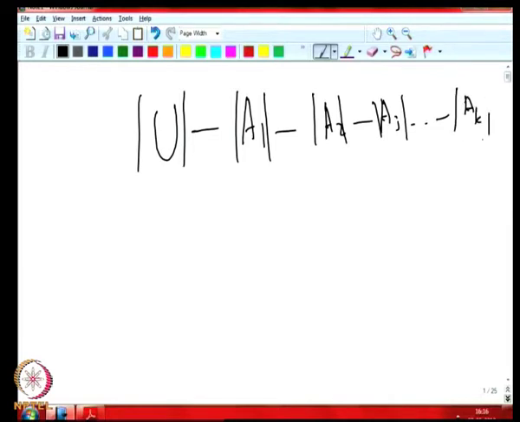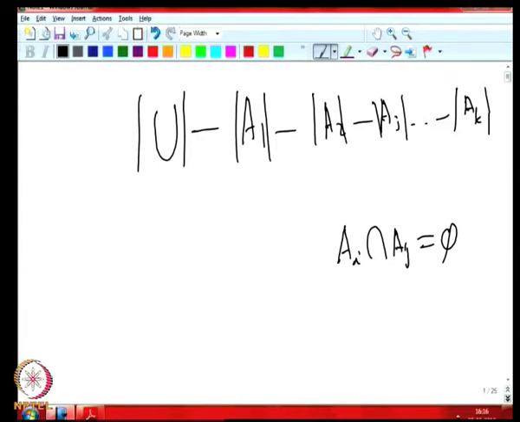This would indeed give the answer if each of A1, A2, A3, up to AK were pairwise disjoint. If AI intersection AJ was an empty set for every pair I and J in 1 to k, this would have simply worked, because we are subtracting things which we do not want, and nothing is subtracted more than required.